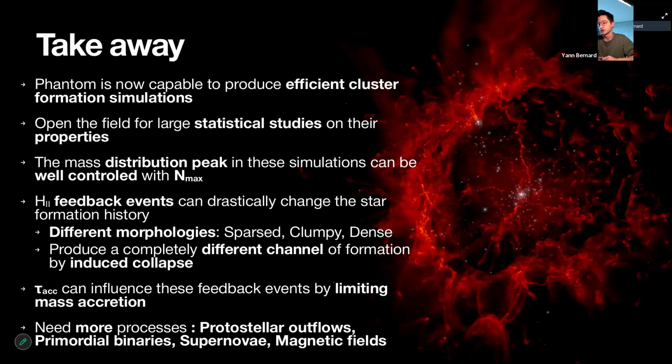We lack primordial binaries that can spread the mass a bit more inside stars and then change completely the feedback landscape inside the region. Also supernovae that can modify the IMF at longer periods, and also magnetic fields that are not activated yet, and probably Daniel will blame me for that, and I have no excuse for that. I should have tried, and I will definitely try in the near future.